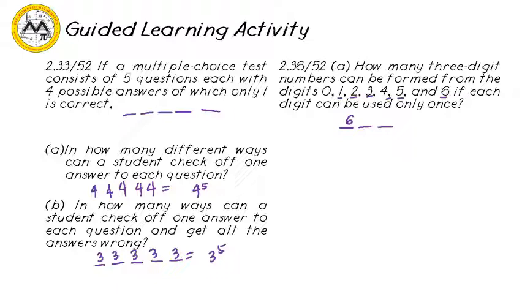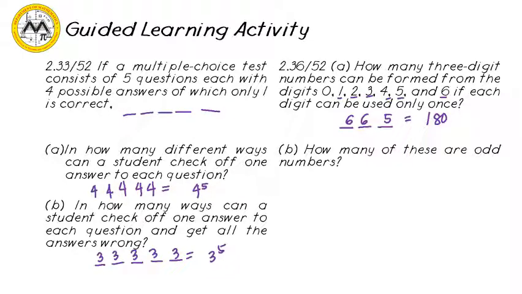However, the first one used can no longer be taken again, so that would be 6 ways. And for the last digit, from the 7 digits available, we remove the first 2 digits taken, so that would be 7 minus 2 is 5. So all in all, we have 6 times 6 times 5, which is 180.